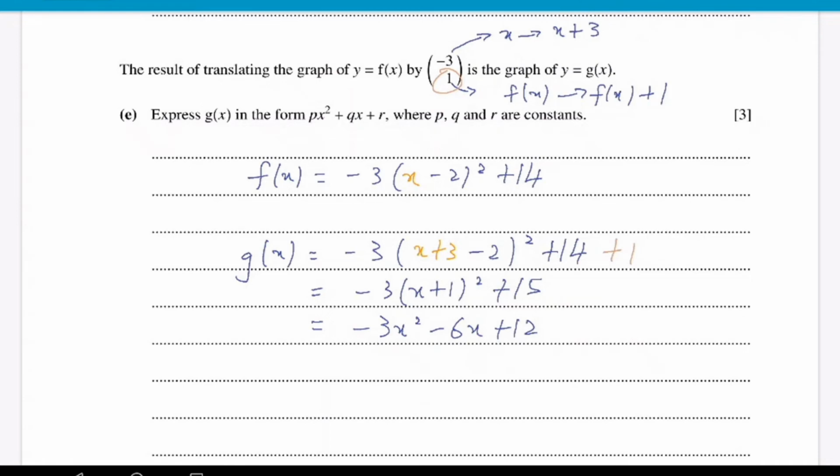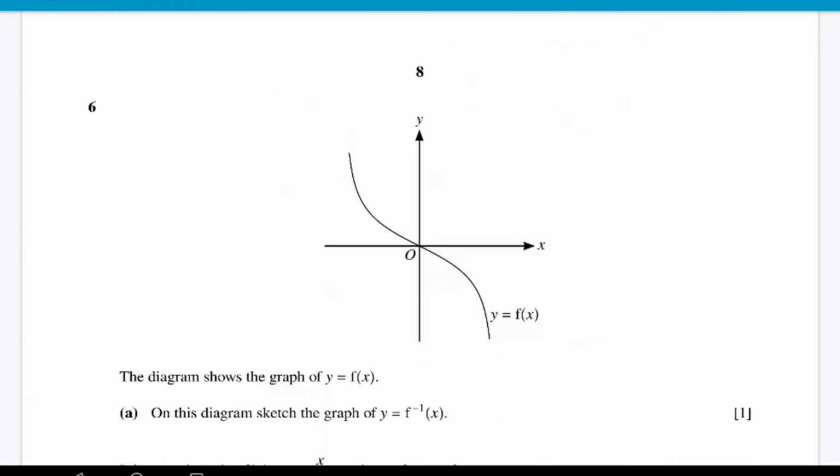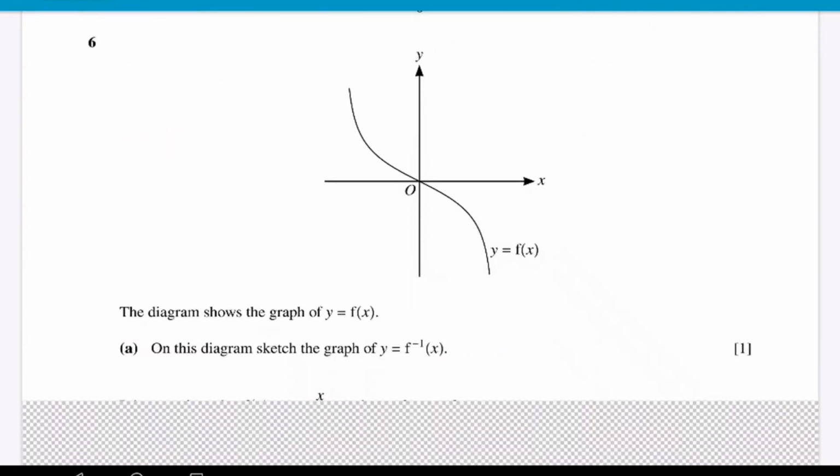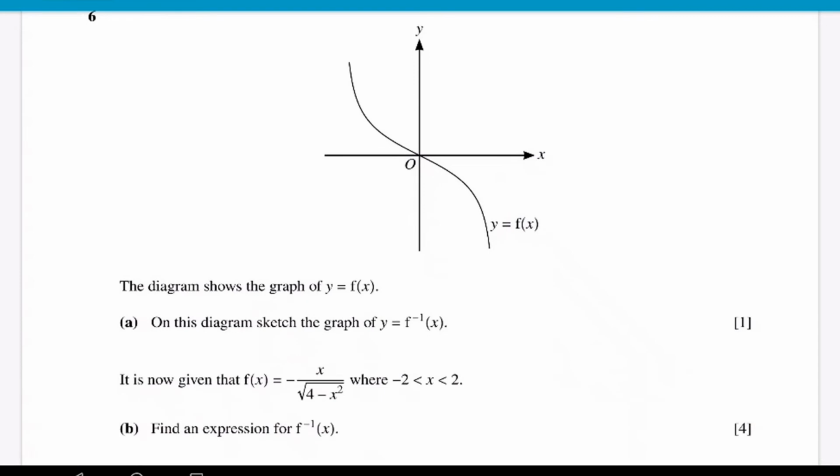All right, next one. A different type of question that we can see here. We have y equals f(x), and we need to sketch the graph of f inverse x. This is looking at our understanding of how the graph works.